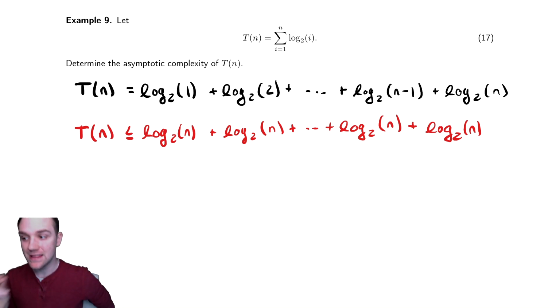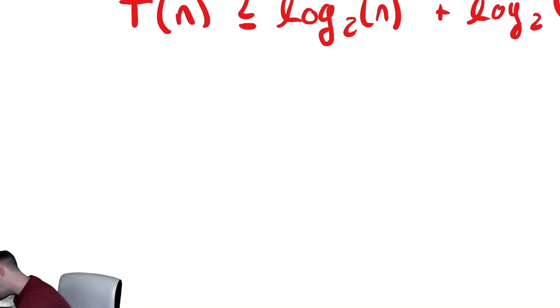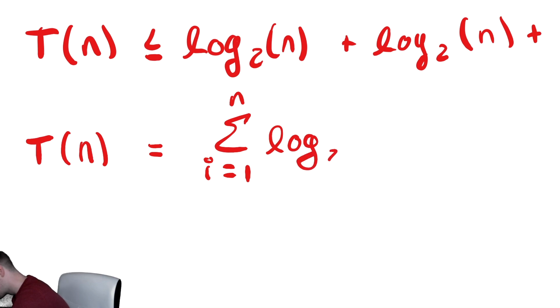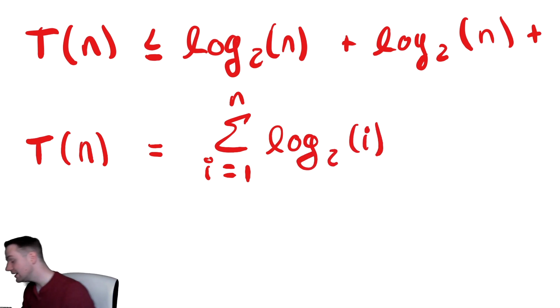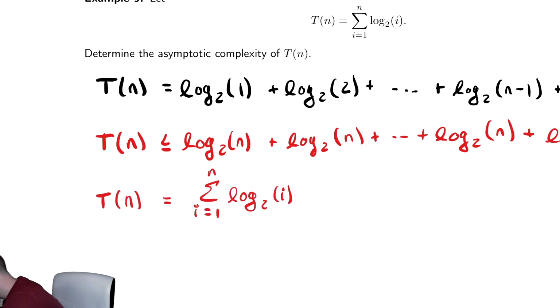How can we replicate that idea using the sigma? So, T of n is equal to the sum from i equals 1 to n of log base 2 of i. I want to bound this above using the technique I just did. If you look, I replaced every single value with n.